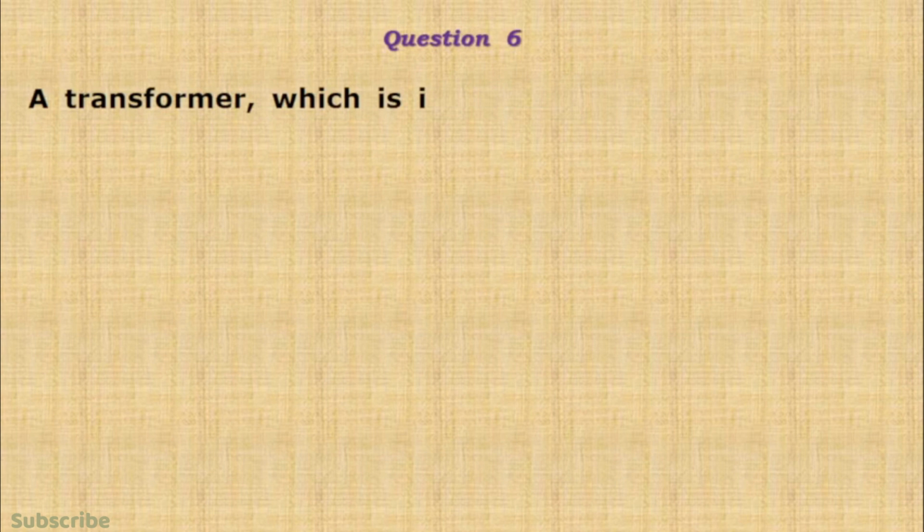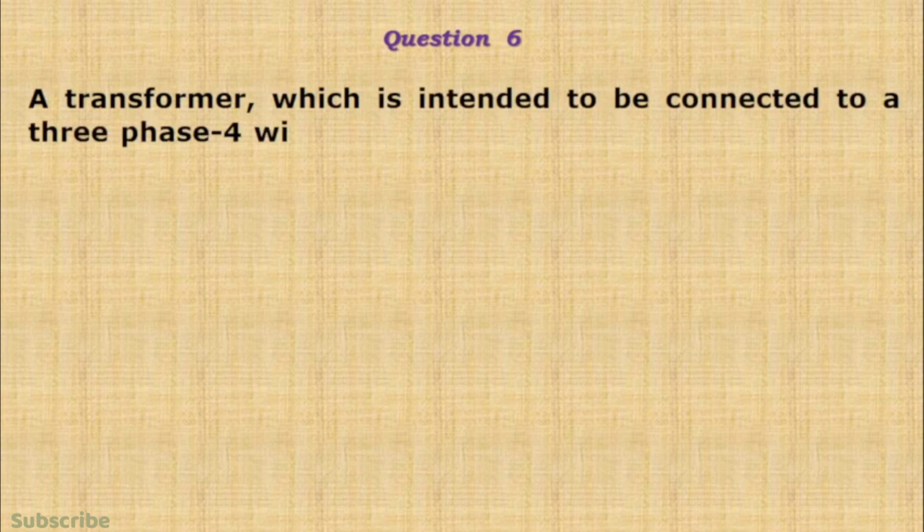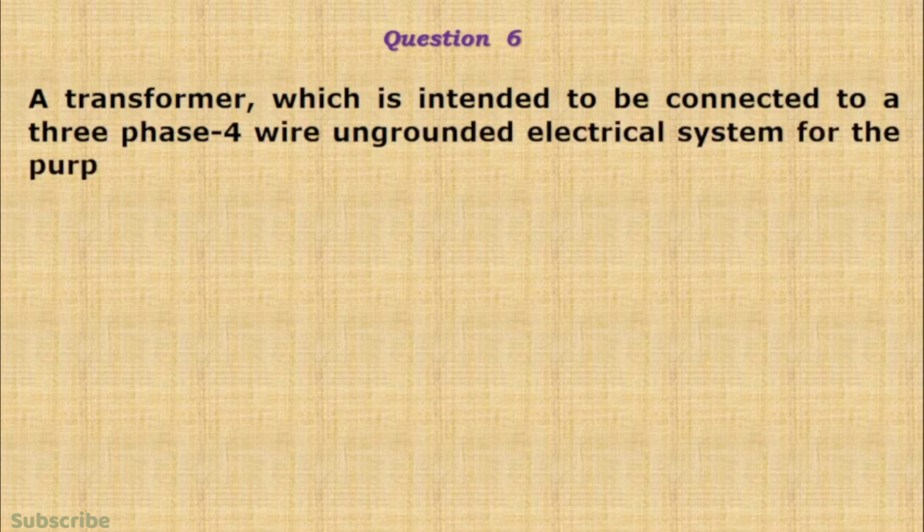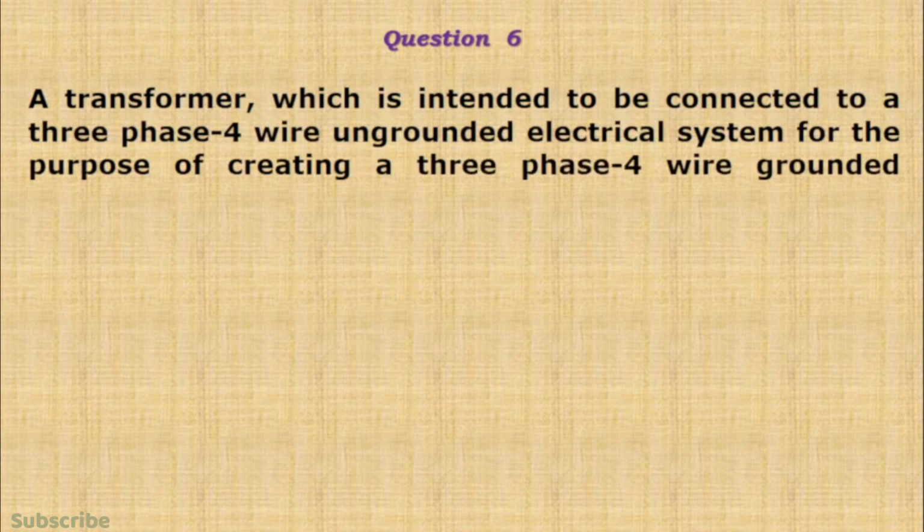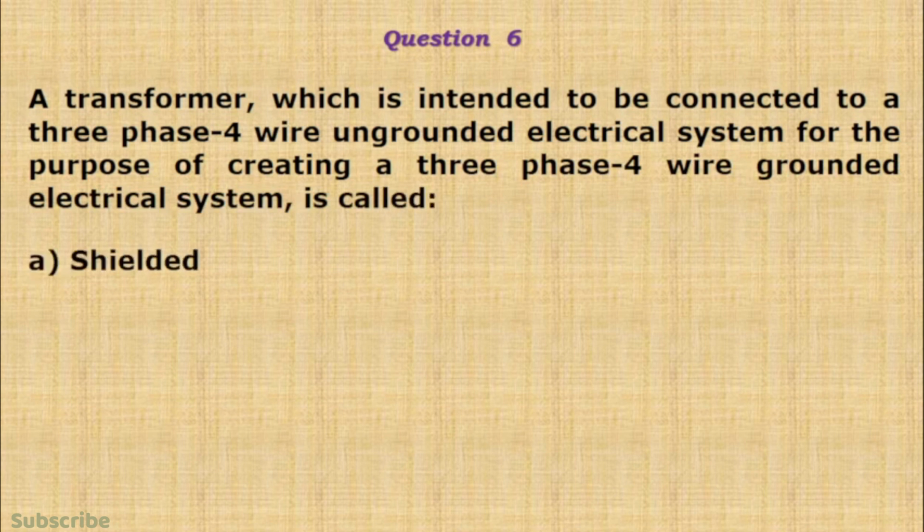Question number 6. A transformer, which is intended to be connected to a three-phase, four-wire ungrounded electrical system for the purpose of creating a three-phase four-wire grounded electrical system, is called A. Shielded transformer.